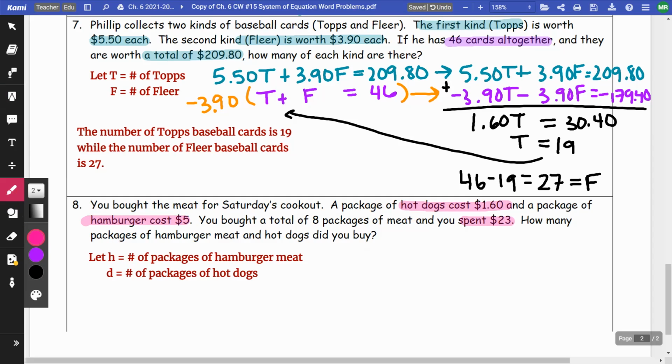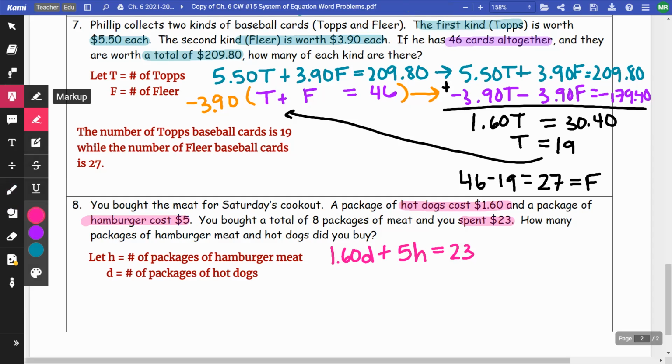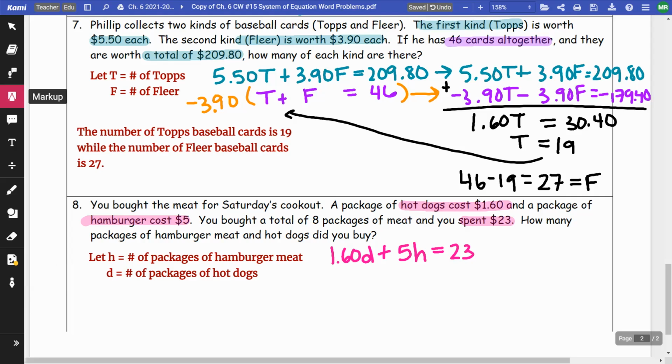So I'm going to take the hot dogs, which is going to be D. $1.60 times each D number of hot dogs plus $5 times each H number of hamburger packages is equal to $23. The second equation is going to be dealing with 8 packages total. So that one is going to be D plus H is equal to 8.